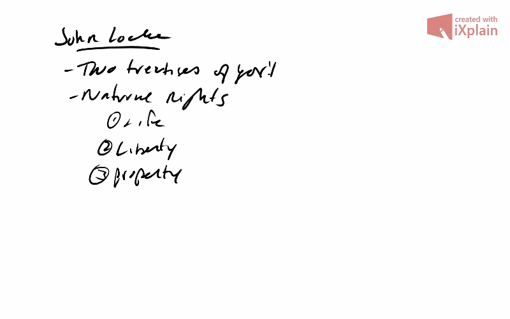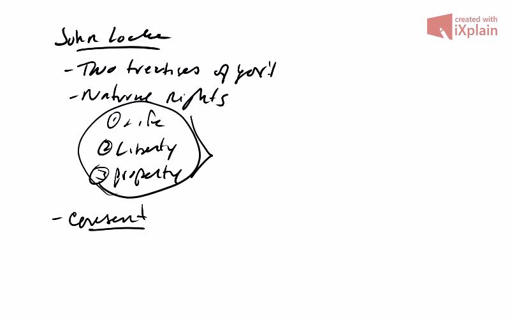John Locke says that in a state of nature, we cannot protect these. So, in order for everybody to enjoy these three natural rights, the people give their consent or their approval to create a government. And only when we give consent is government created.